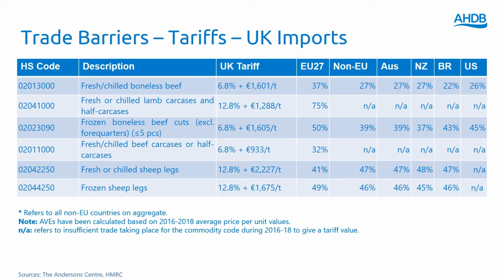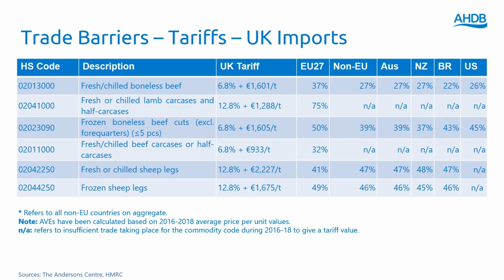And based on 2016 to 2018 trade, very little lamb carcasses trade taking place from non-EU countries. So accordingly, there's no tariff mentioned for those countries at present. And we've got examples further on down in terms of the tariffs that would be applied for boneless beef, and also for fresh and chilled sheep legs as well.